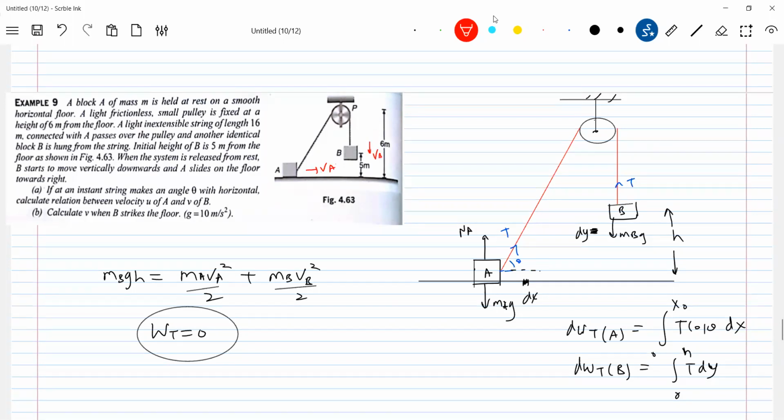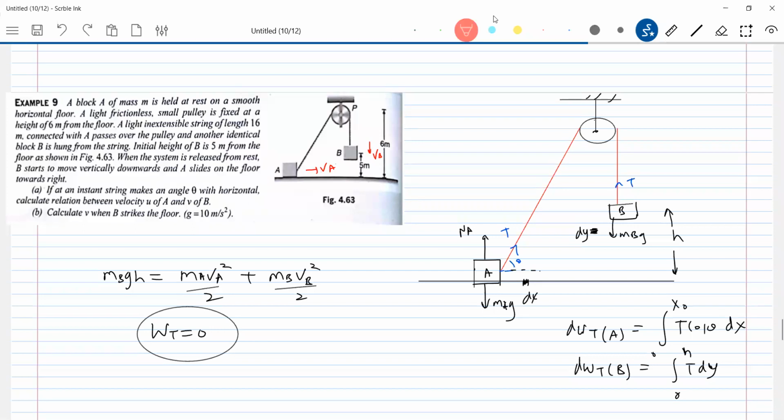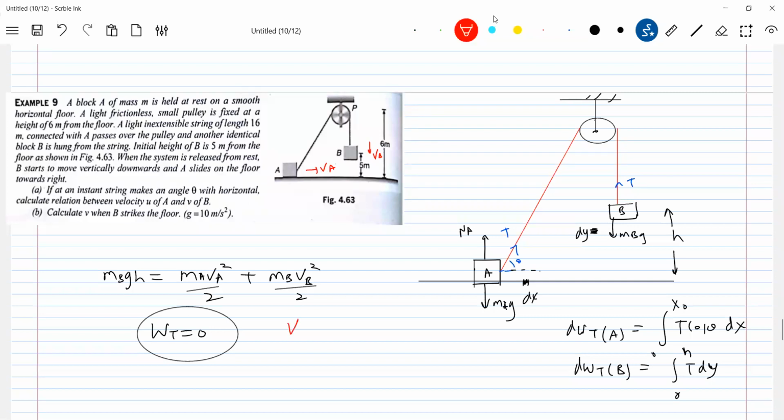Then any constraint equation? VA cos theta equal to VB. VA cos theta equal to VB, that one. But we don't know this cos theta, no? He has given the total length of the rope. If this is 6 meter, 10 meter is what this will be, no?